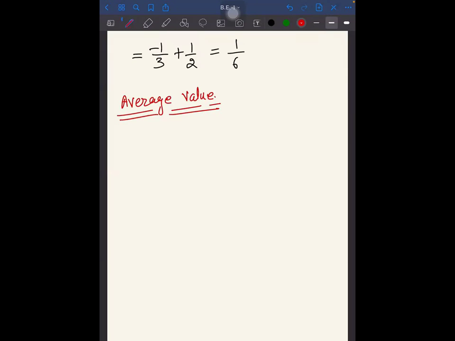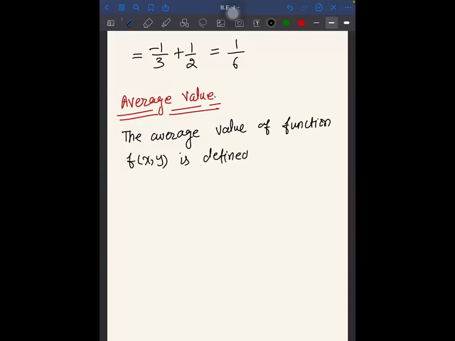So the average value of the function f of xy is defined as, I should write it as over some region, right?